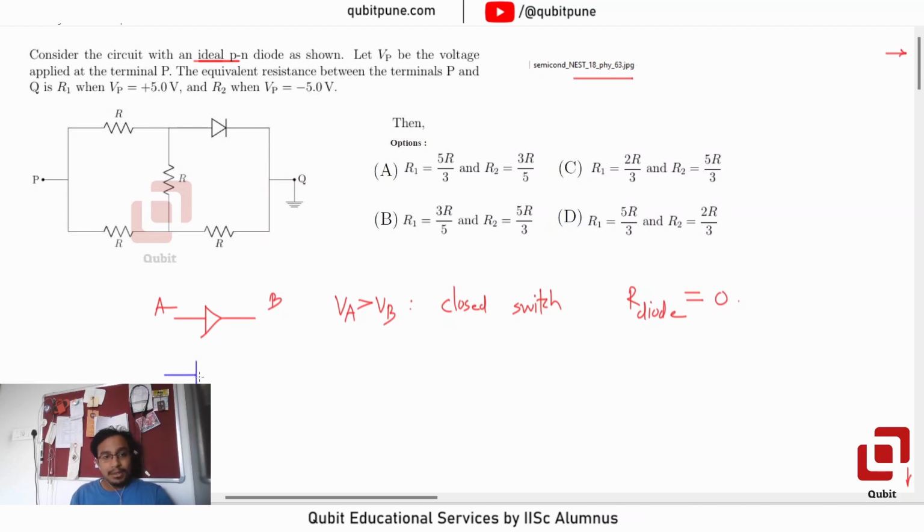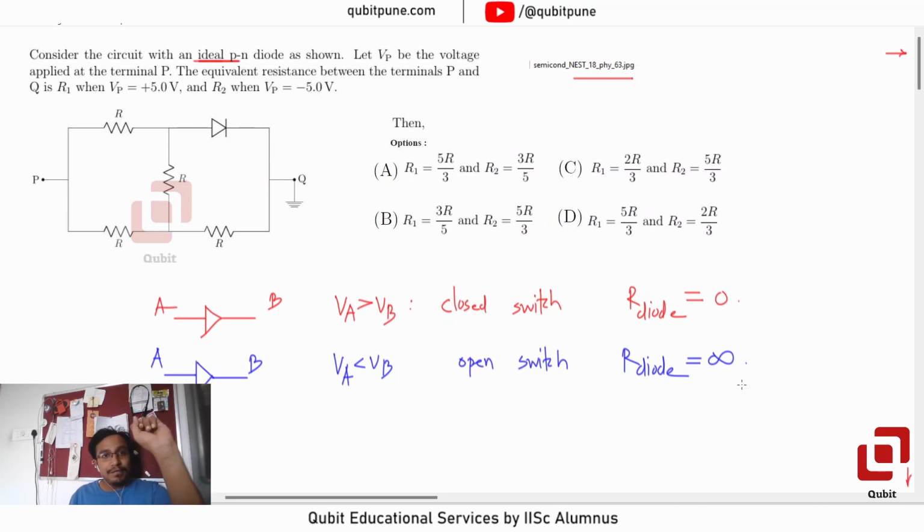And how about the situation with the reverse bias? If VA is less than VB, then the diode acts as an open switch, which means the resistance of the diode is infinite. So no current can pass through it. Raise your hands if you have understood this.